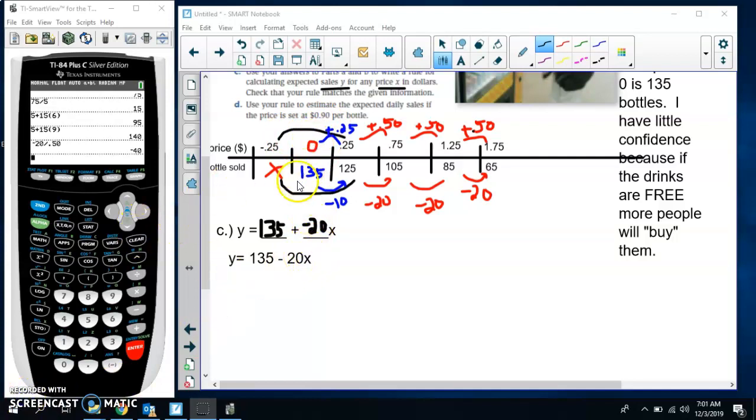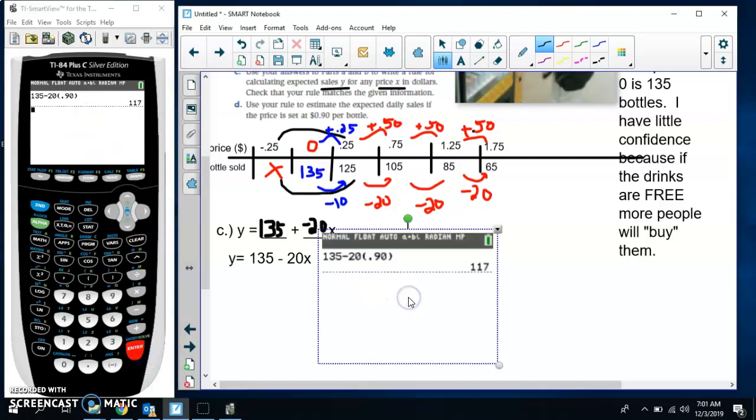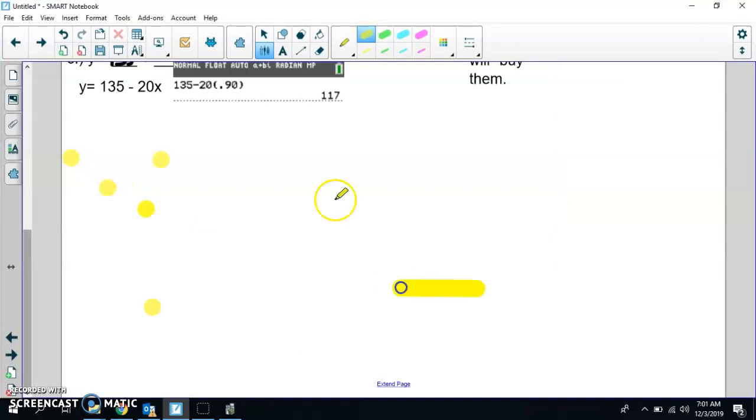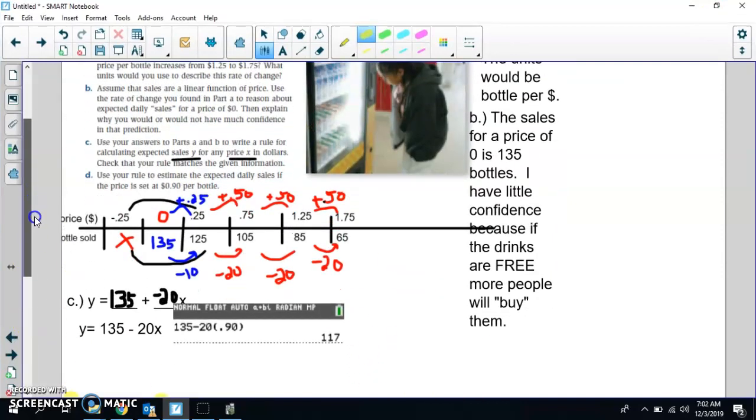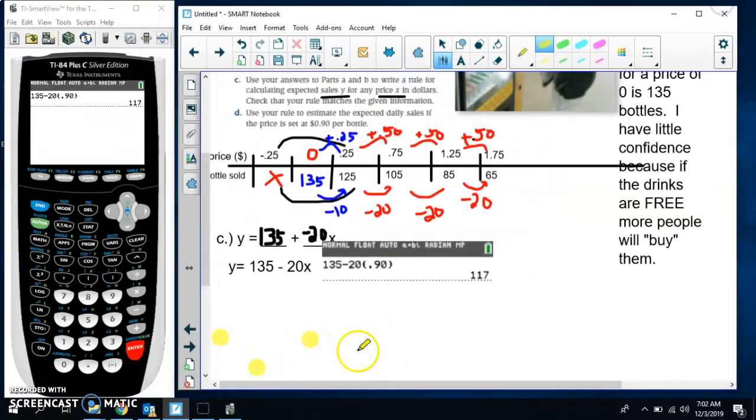I'll come over to my calculator and use this rule: 135 minus 20 times 0.90. You just replace the X with 0.90, and this should be our answer for D. Oh, look, it did catch up. Good. So that's our answer for D.